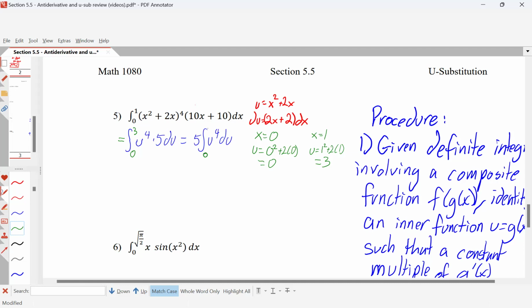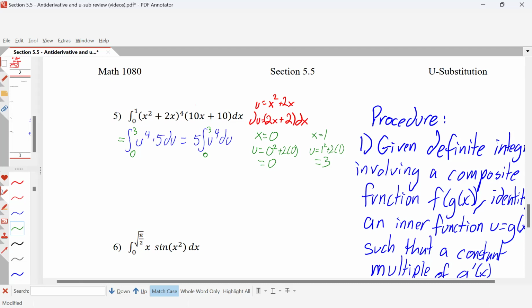So when we evaluate the integral of 5 u to the 4th from 0 to 3, we will get the correct and same answer as if we were to evaluate the integral of x squared plus 2x to the 4th times 10x plus 10 from 0 to 1.